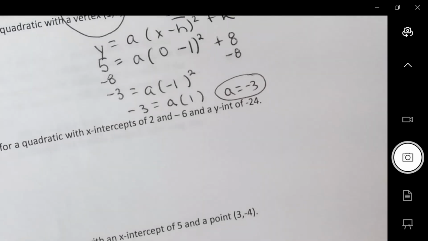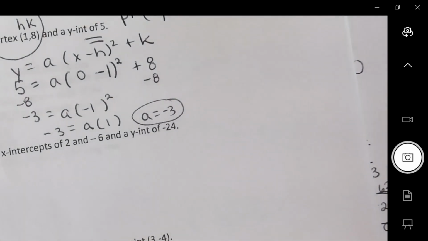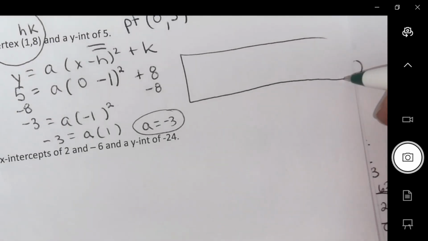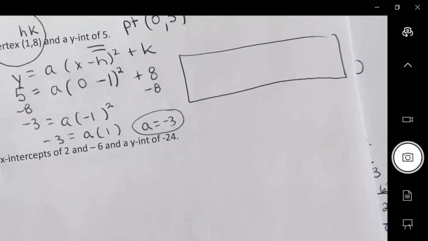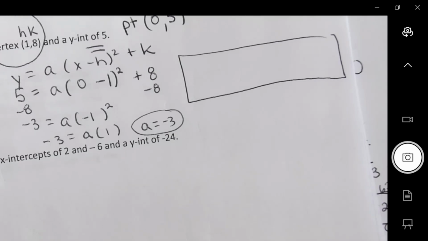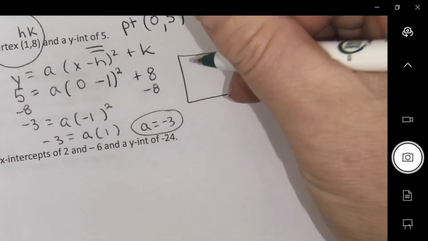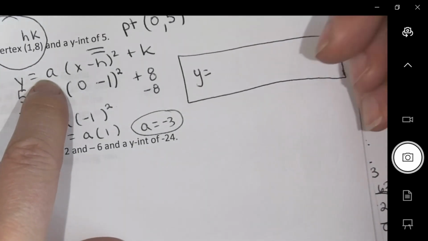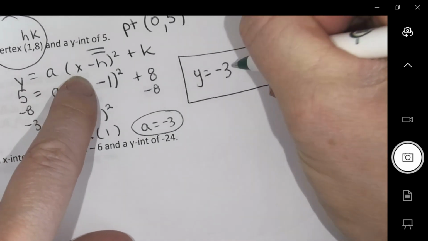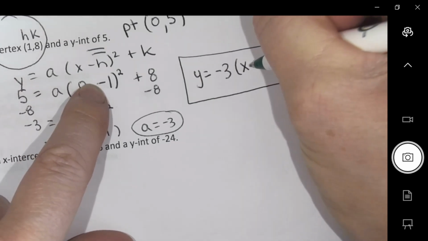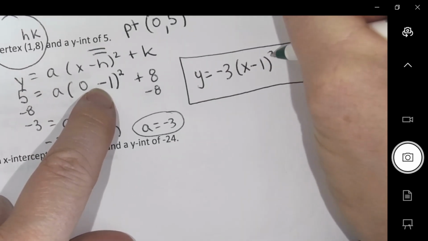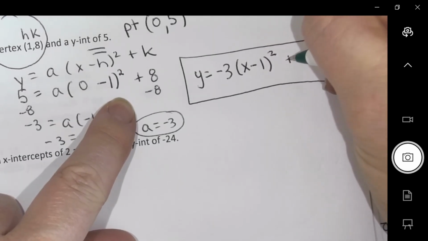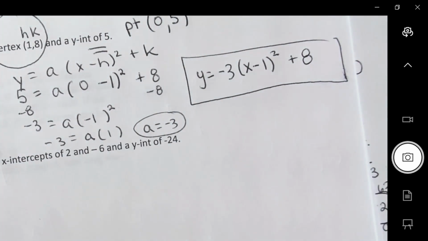So a is just going to be a -3. Okay, I'm going to write my equation. And we need to leave the x and the y open this time. So y equals a, so there's my -3, x opposite, so subtract 1 squared, the same is +8.